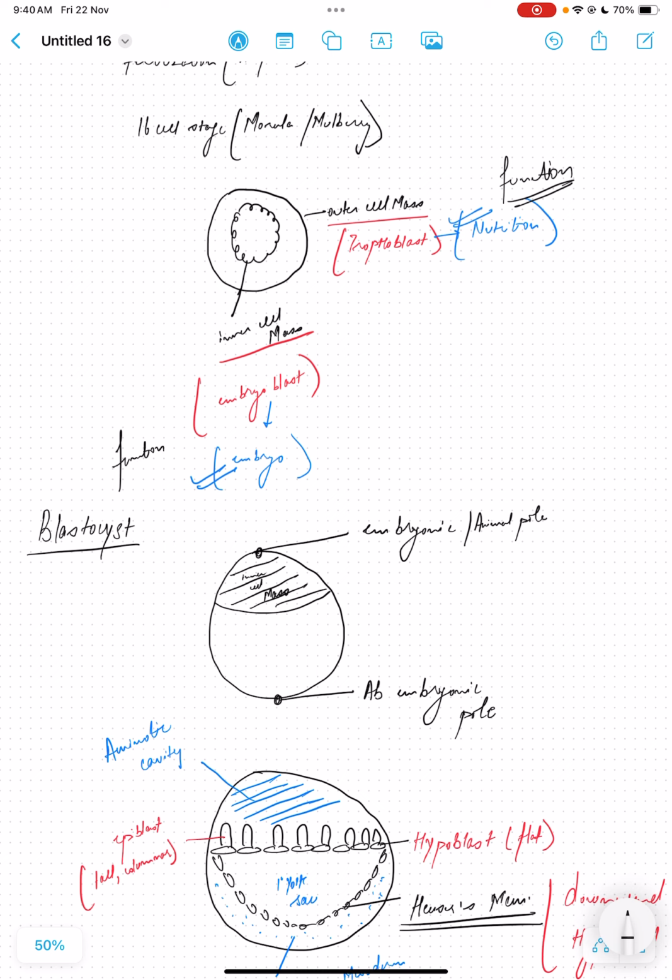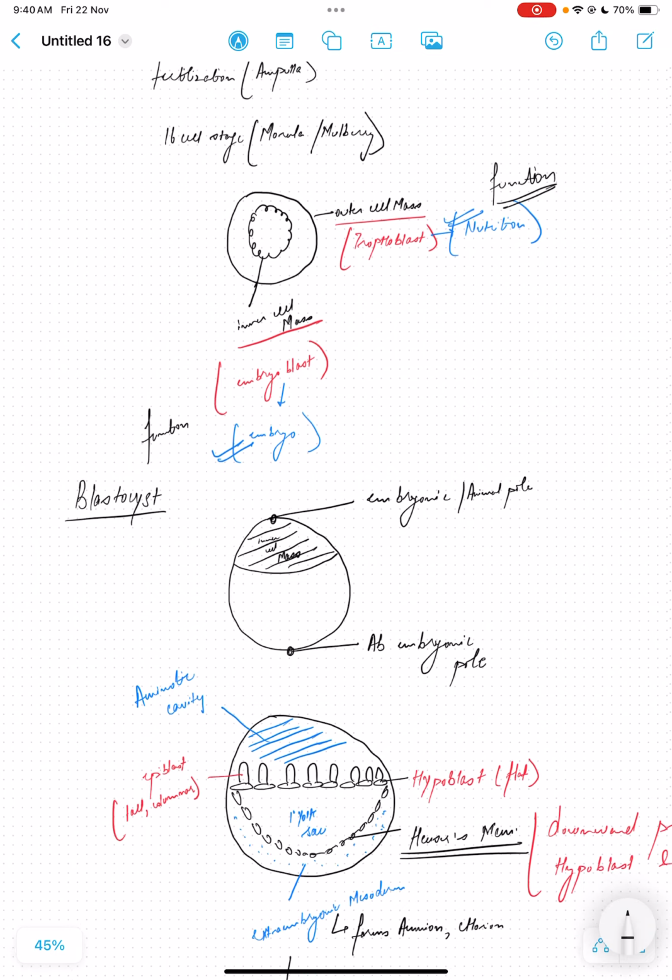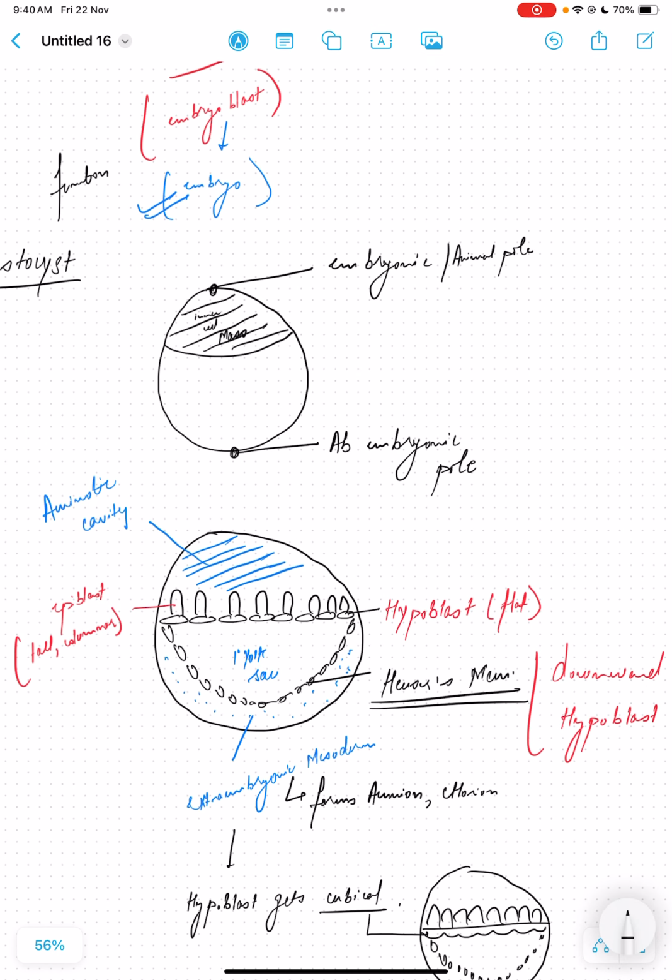In the blastocyst, towards the inner cell mass we have the embryonic pole or the animal pole, and opposite to it the abembryonic pole. The flat cells lying down are the hypoblast, and above the hypoblast we have the tall columnar cells called epiblast, and there is a cavity above it called the amniotic cavity.